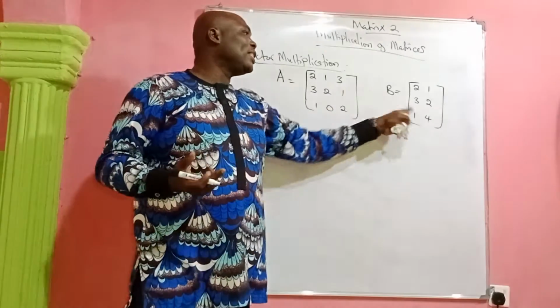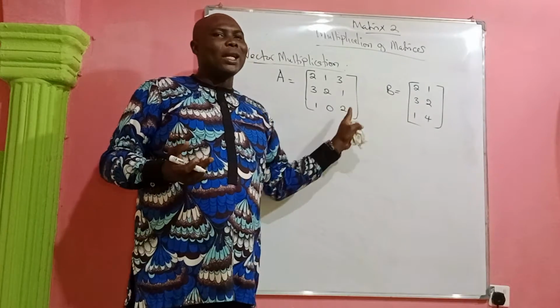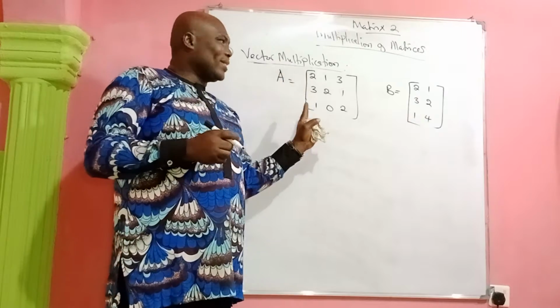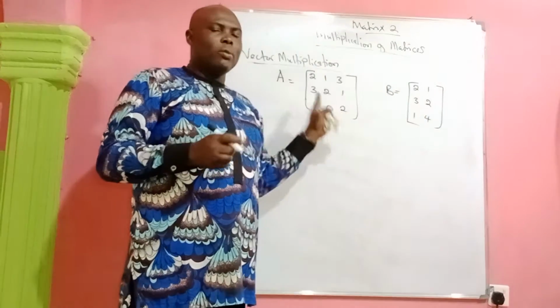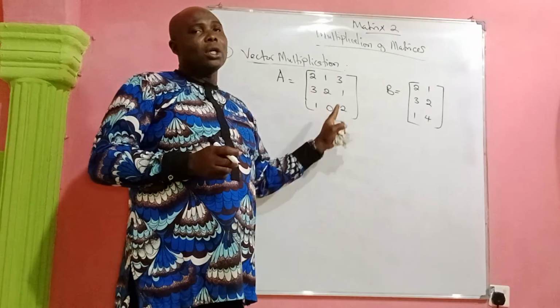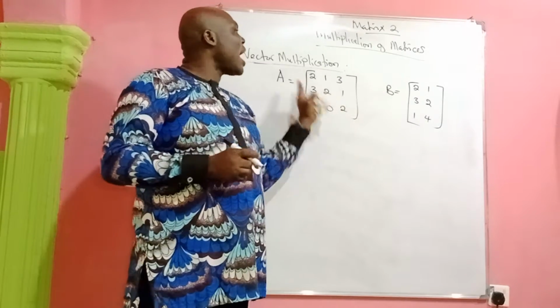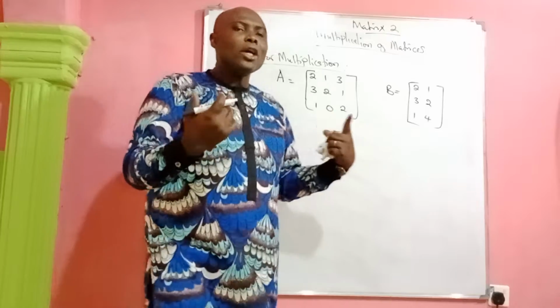If you look at them, you see that they are not of the same order. Addition and subtraction is where you consider the order of the matrices. But when we are talking about multiplication, vector multiplication, what you consider is their conformality. Are the two matrices conformal? How do we know that?